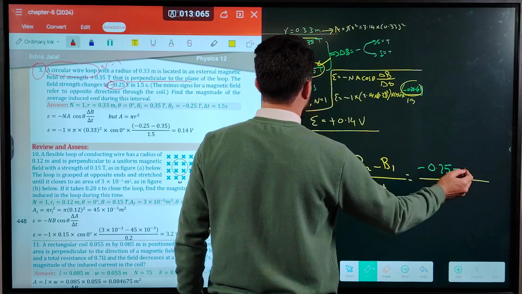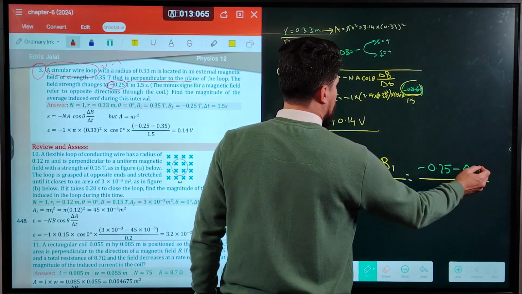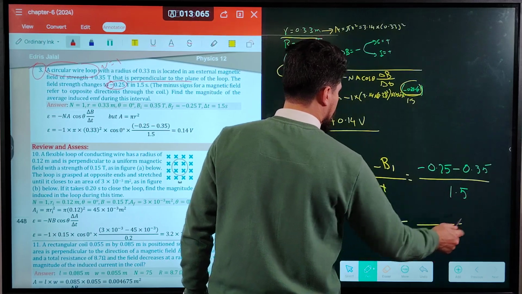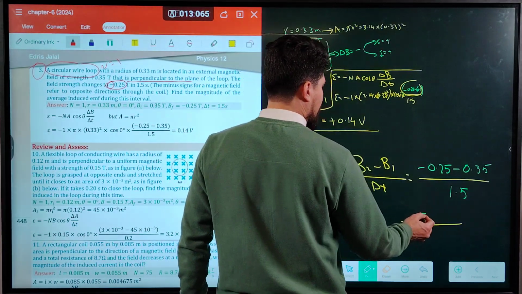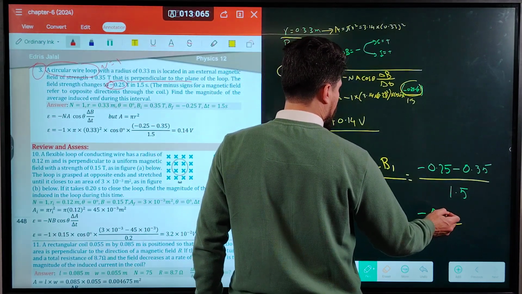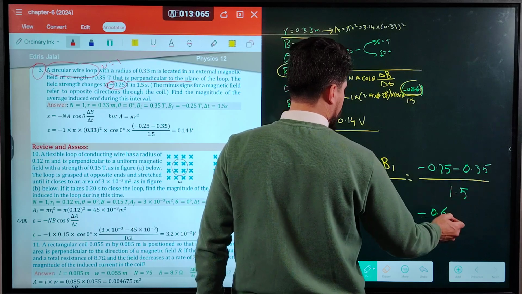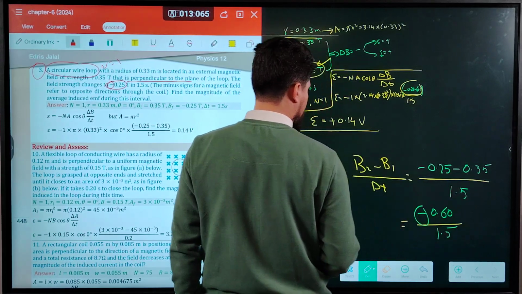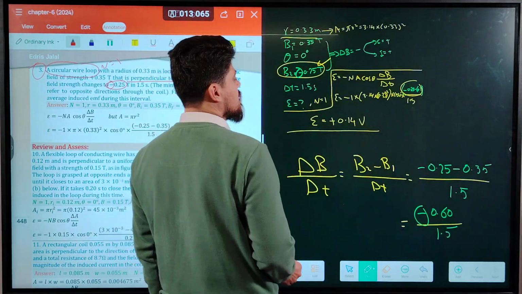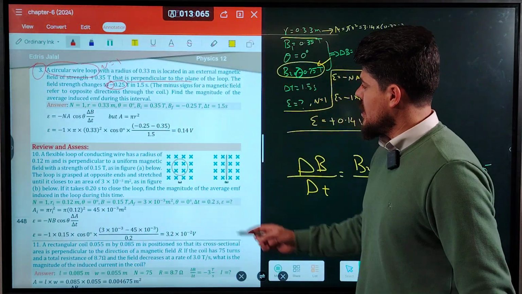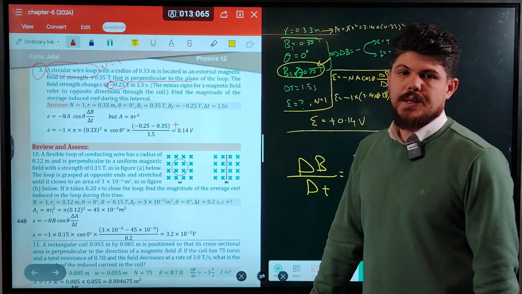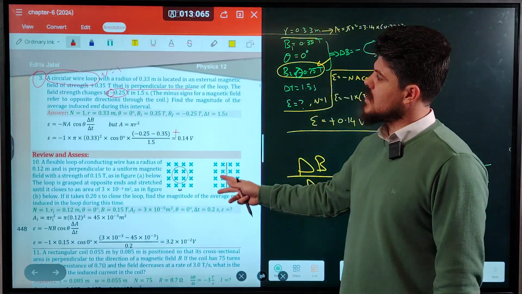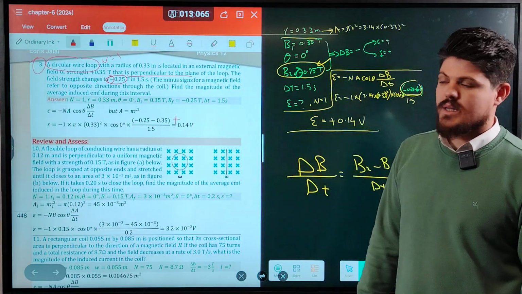Negative 0.25 minus 0.35 divided by what? 1.5 is equal to what? Negative, negative, it's still negative: 0.60, divided by 1.5. The result of delta B becomes negative, and that is why EMF and current should be positive. Okay, this is question 3, and we finished all the questions of practice 6B.